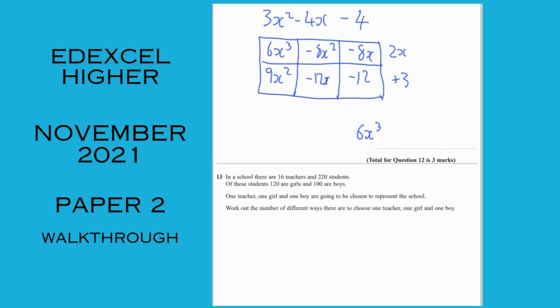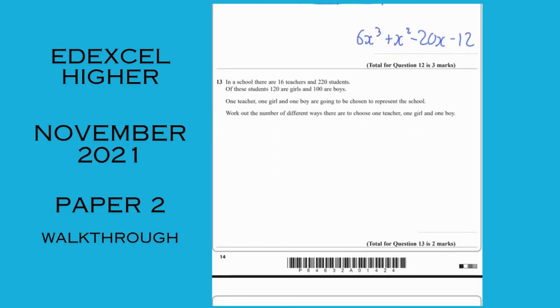Squared, got 9 of them, take away 8 of them, so we're in credit 1 of them. Both negatives, so we're in bigger debt, so it's minus 20x. And numbers, there's only one of those terms. So there we go for, I think, a nice 3 marks. Just take your time, don't rush them.